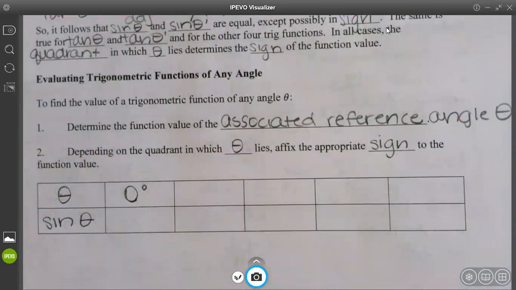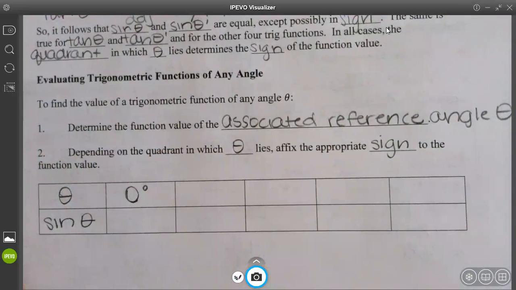Just for sine, and we're going to continue this on the next page, but we're just working with sine right now. If you had 0 degrees, remember your coordinate. What is your coordinate going to be there? At 0 degrees it would be 1, 0.